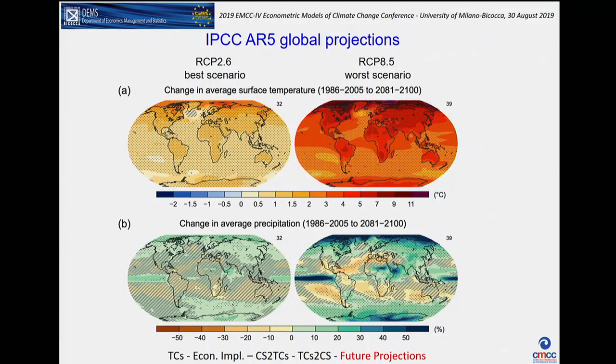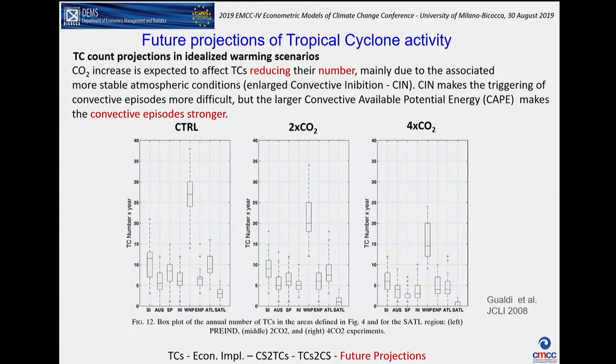So what about tropical cyclone in this changing environment? In terms of tropical cyclone count, we do expect, not only in this kind of experiment, but also in idealized scenario experiments in which we just double the carbon dioxide or quadruple the carbon dioxide to better understand the mechanisms behind, we have found, and the community agrees, that the tropical cyclone count is projected to decrease in the future.